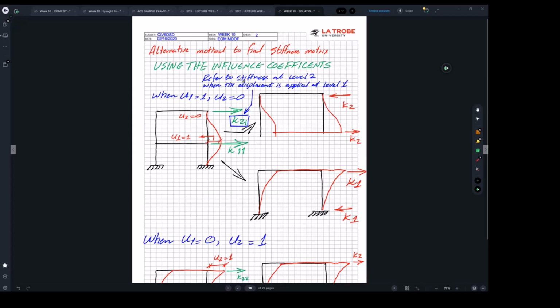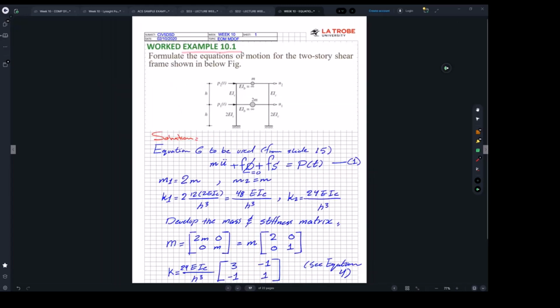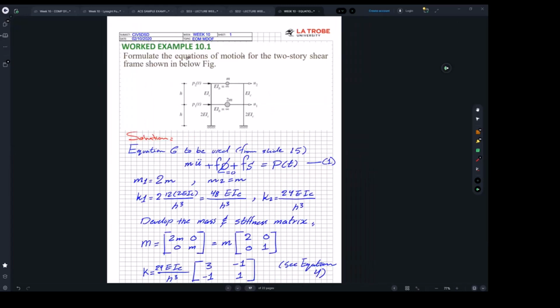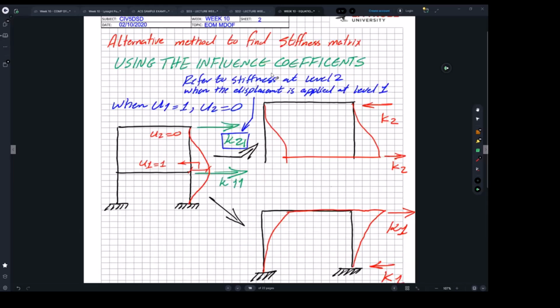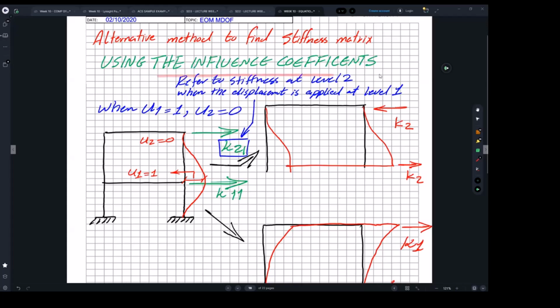All right. So for example number 10.1 or example number 1, there is an alternative method to solve it by using the influence coefficients. Will we ask you to use one of them? Yes. Now, if we did not ask you in a final exam to use a particular one, use whatever you feel comfortable with. And for this one, you don't need to write down equation number 4.